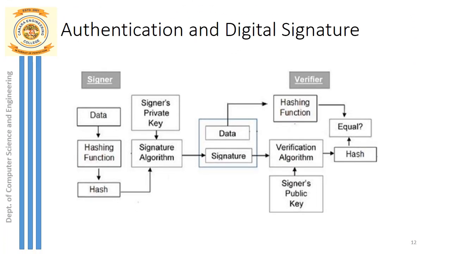The given diagram shows how exactly a digital signature is created and how exactly the verification is done at the receiver side. At the sender side, the data is fed into the hashing function to produce the hash value, and this hash value along with the signer's private key will be fed into the digital signature algorithm in order to create the digital signature for the data.